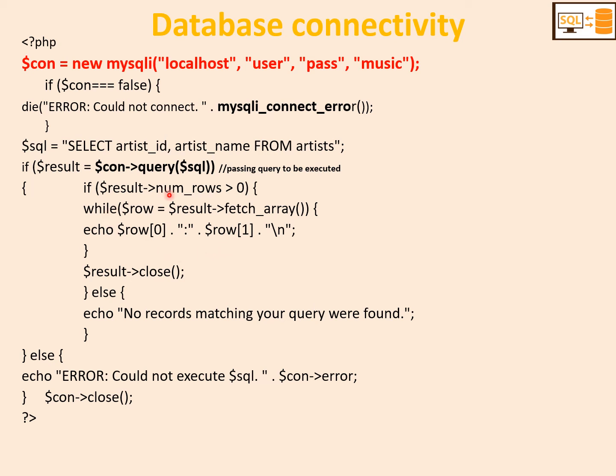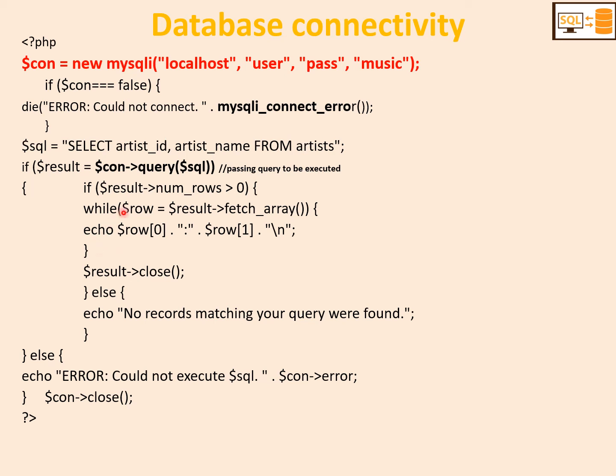In the next iteration, the fetch array function moves to the second row of the resultant array. From the second row, it will display the artist ID. $row of 0 means the second row's first data should be extracted, and then the artist name. Likewise, if 5 rows are there, this while loop will be iterated 5 times.